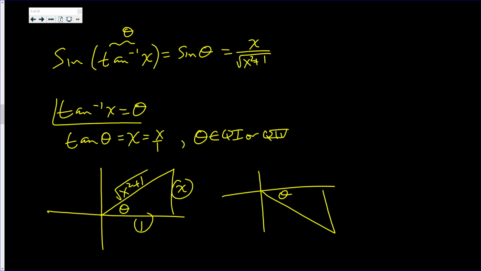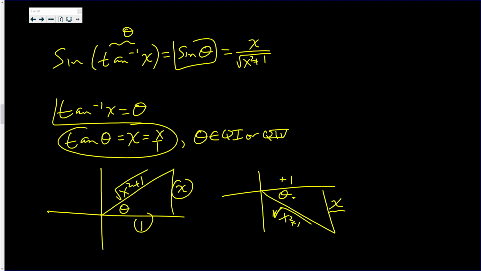And the tangent of theta is x over 1, opposite over adjacent. Adjacent is positive, that's key. And x is negative. Doesn't mean we have to put a negative sign in front of the hypotenuse, because that would make it negative. This is the square root of x squared plus 1. Now, the sine of that angle is opposite over hypotenuse. The same thing. There's my answer. No question about it.